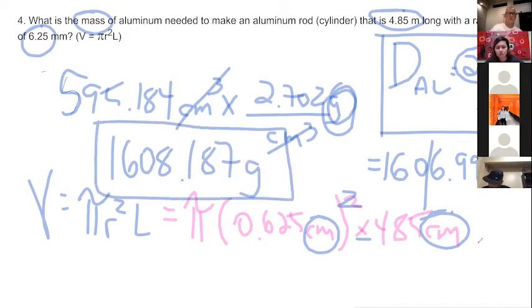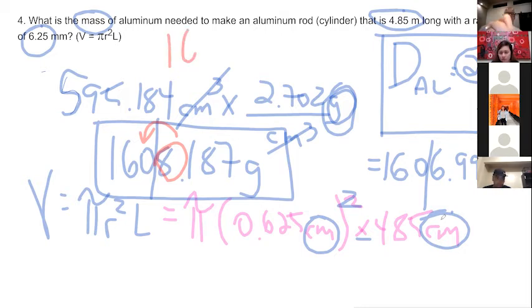So 1, 2, 3. So what's our final answer going to be? 1,610 grams. That's right. So we got an 8 here. That is bigger than 4, so we go to this number and we round up.